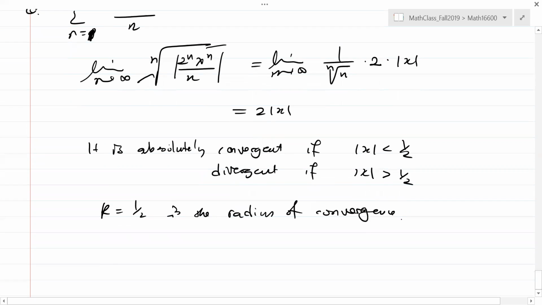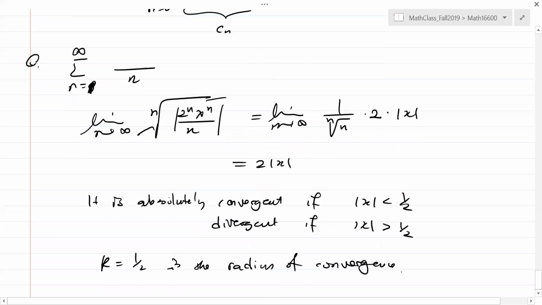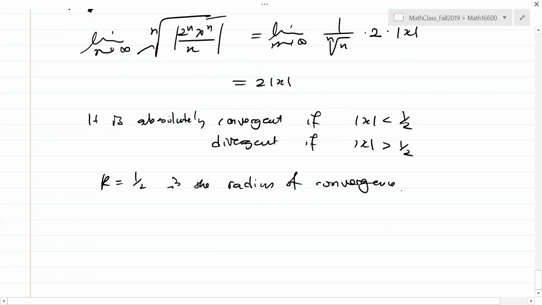I don't know whether it's convergent at the endpoints. This has a 2 to the n. So I let f of x be this.